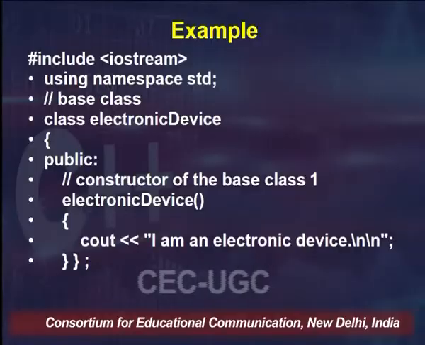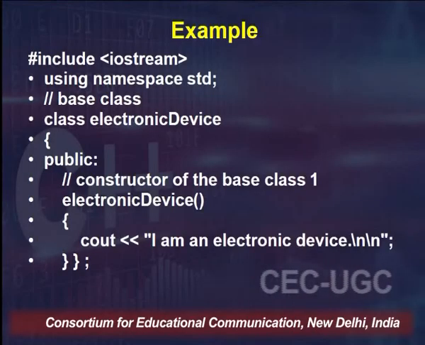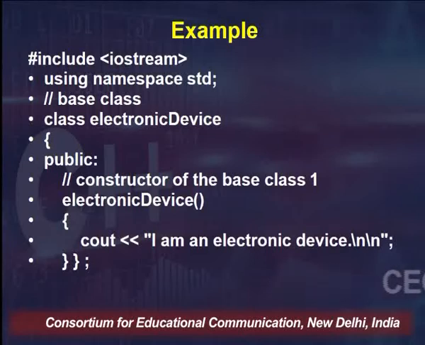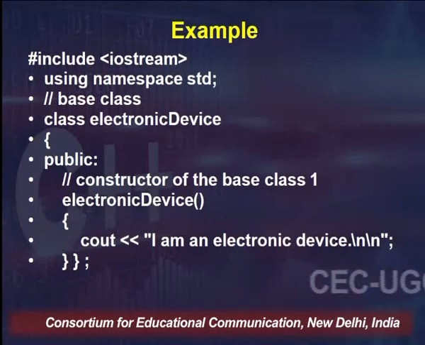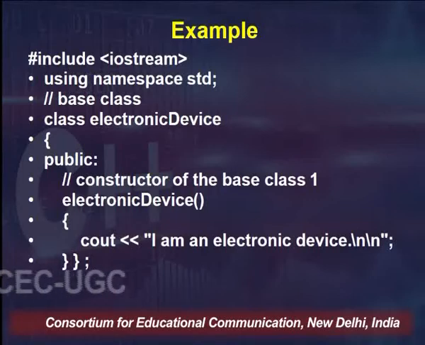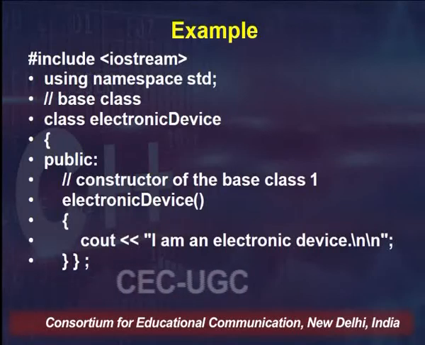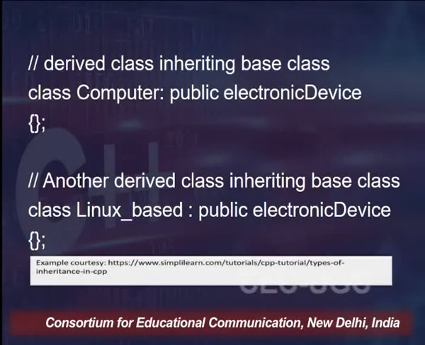Coming to the specific example, let us say we have class electronic device, and then a constructor of this electronic device which says cout, I am an electronic device, and which closes the definition. Now, this is the topmost base class; if you want to compare, this is class A of the figure. Then we have derived classes inheriting that class.